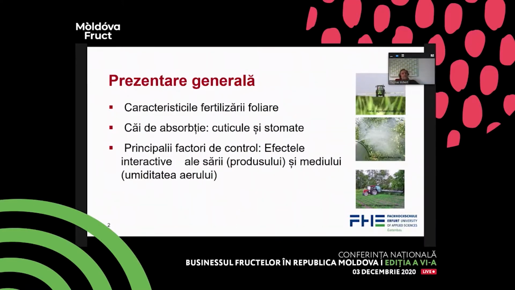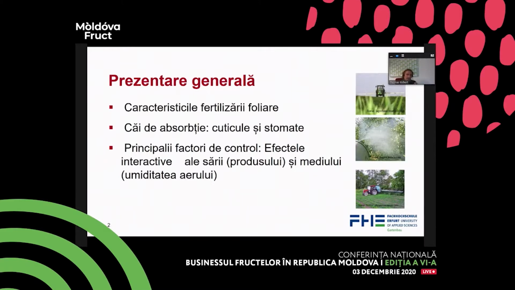Then I want to show you where the uptake takes place. This may be rather theoretic, and you may think it's not interesting, but it is, because if you want to apply and we know where the absorption takes place, maybe we can optimize this process. And finally, I want to talk about the main factors controlling the efficiency of this whole process.